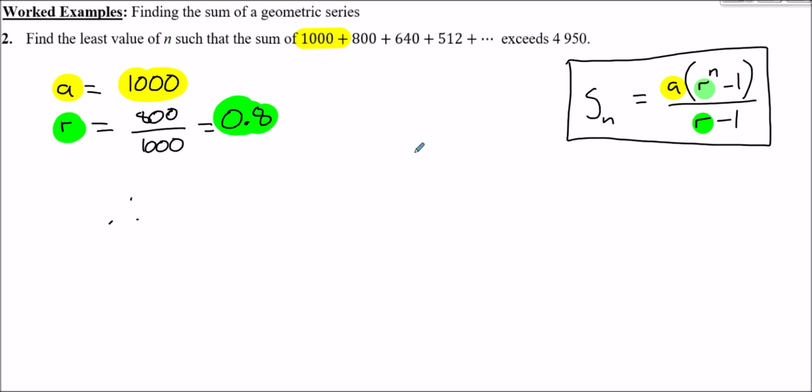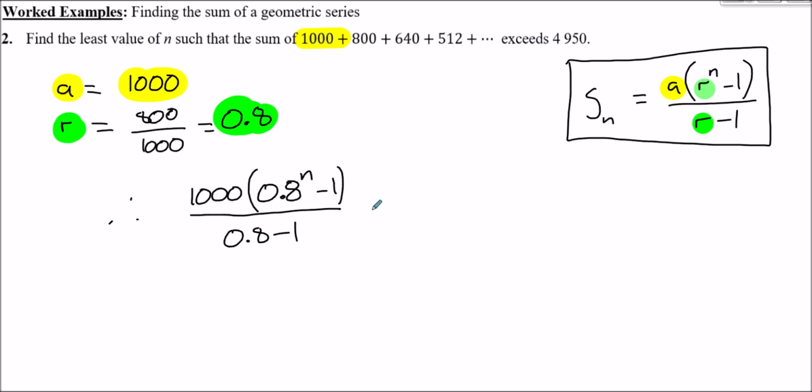Therefore, we want 1000, brackets, 0.8 to the power n minus 1, all over 0.8 minus 1, to be at least 4950. Now we can go forward and try to solve this step by step. At the bottom, 0.8 minus 1 is going to be minus 0.2.